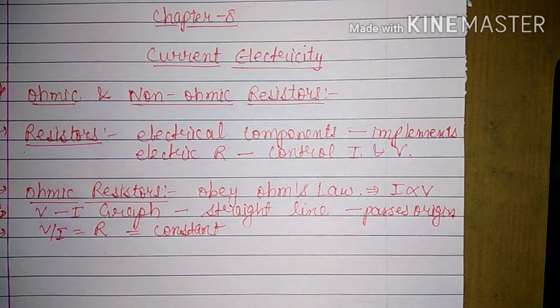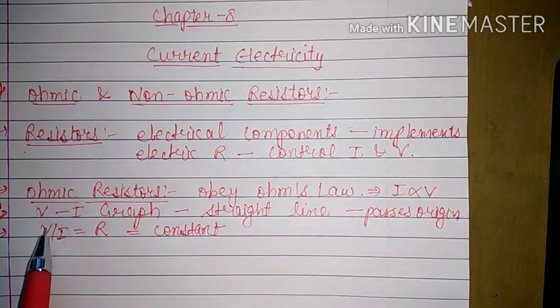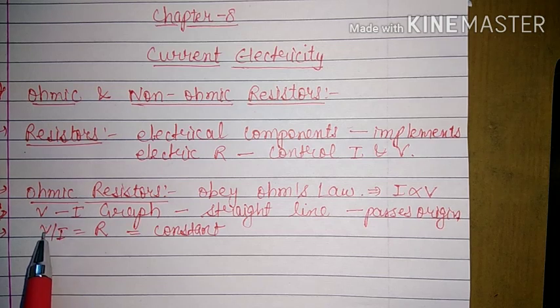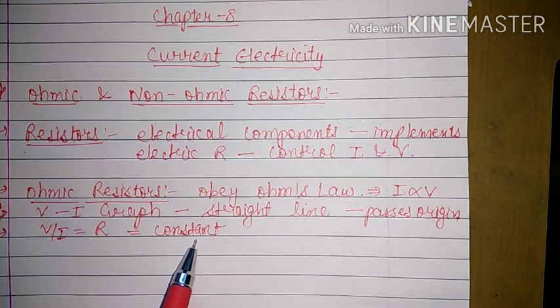So here, if we change the value of one of these components, then automatically the value of the other will change in the same proportion, and after all the value of resistance will remain constant.